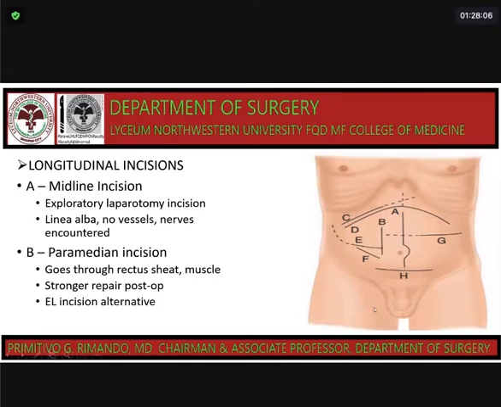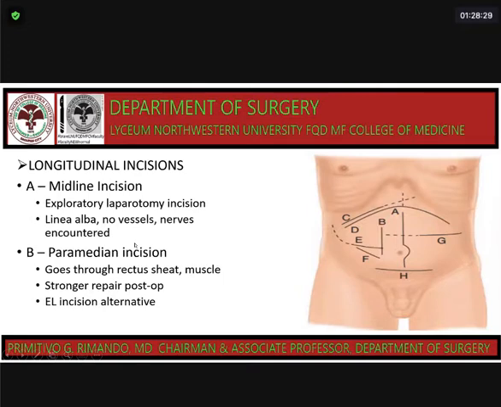And then you have letter B here, which is the paramedian incision. So para means lateral to your median. So lateral to your midline, it can be on the right, it can be on the left. And it goes through your rectus sheath and your rectus muscle.